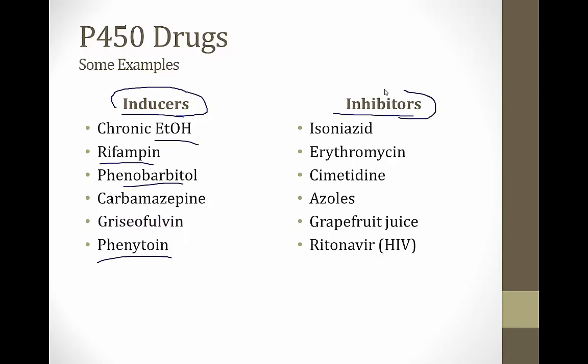Inhibitors, remember I said, are more dangerous because they can cause drug levels to rise if a drug is metabolized by P450. So isoniazid is a TB drug, erythromycin is an antibiotic, cimetidine is a drug we rarely use anymore for stomach ulcers. Azoles can do this. Grapefruit juice can do this, but if you just drink a little grapefruit juice every day, it's not a big deal. Some of my patients on statins read about grapefruit juice in the newspaper and come and ask me if it's okay to take a statin when they're on grapefruit juice. And then ritonavir, which is an HIV med.